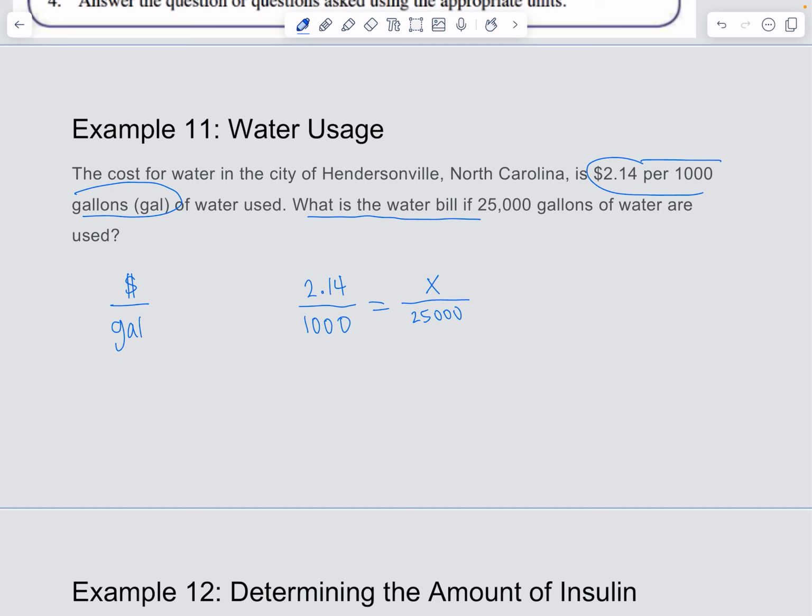So we'll do 1,000 times X and $2.14 times 25,000, which is 53,500. To get X alone, divide by 1,000, leaving us with 53.5. So we can say the bill is $53.50.